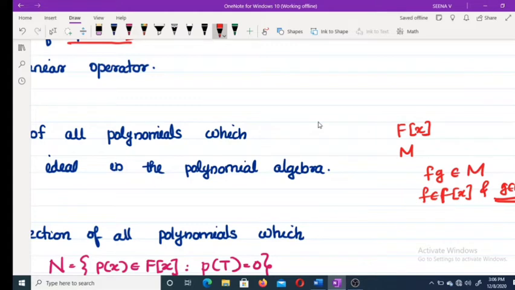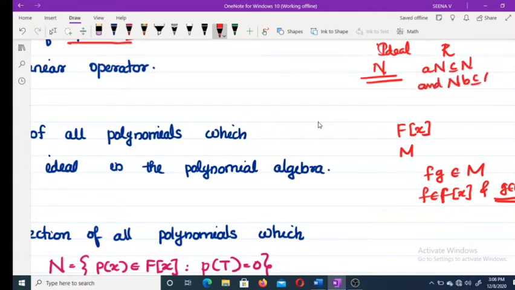Now by our definition in ring theory, let R be our ring and N a non-empty subring of R, then N is called an ideal if AN is a subset of N and NA is a subset of N. So what is AN actually?